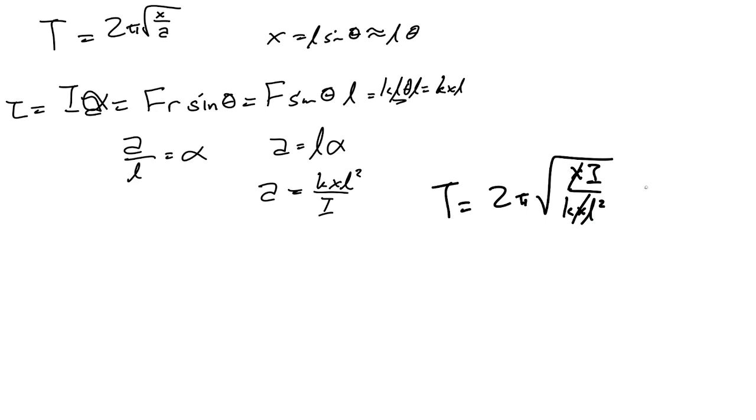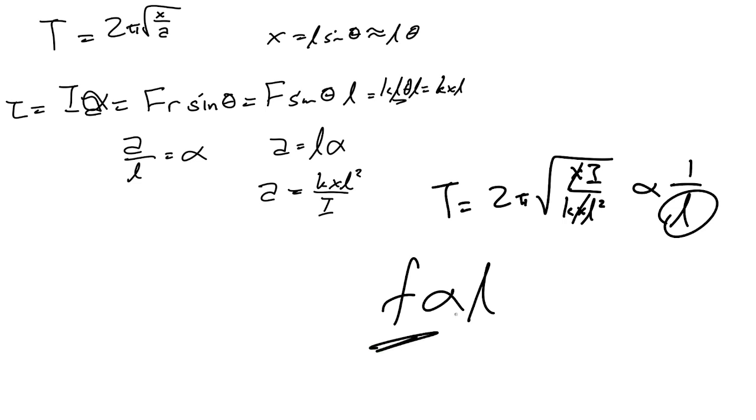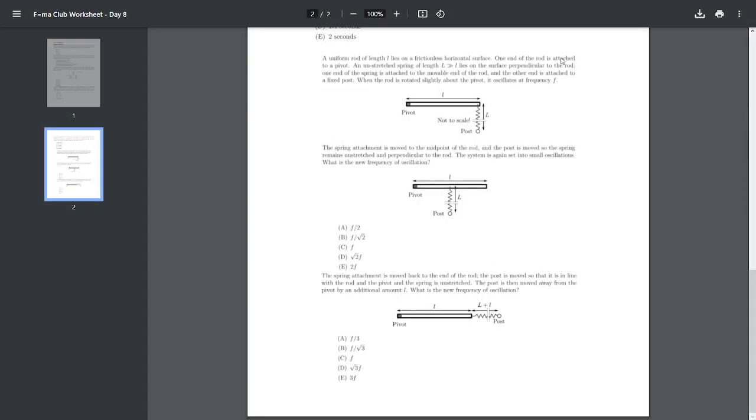And so this means that this is directly proportional to 1 over L, and L doesn't change, right? And so that means that our frequency is also just directly proportional to L, and since it doesn't change, our frequency just stays the same. And if we go back to our worksheet here, that's just going to give us C, which is F.